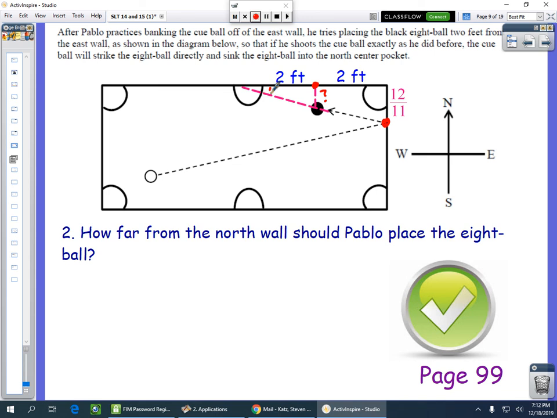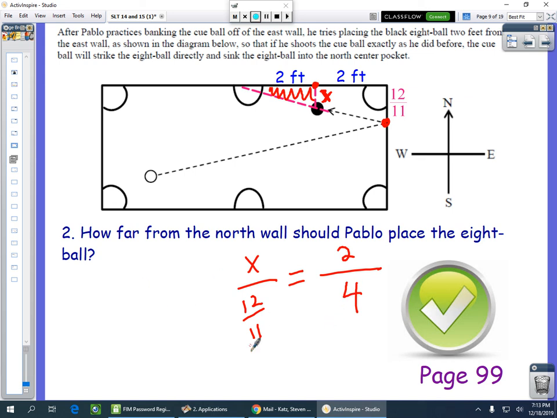Again, we see 2 triangles, a small triangle and a big triangle. So this x, we'll call this x right here, is to 12/11 as 2 feet is to the whole side, which is 4. If you solve this proportion, you will get your answer.